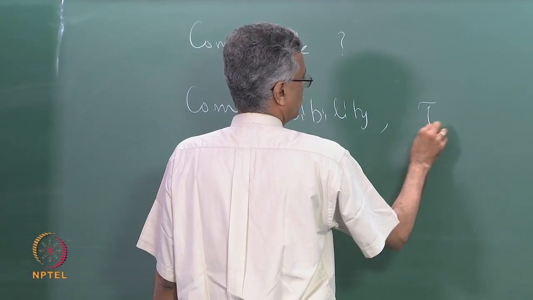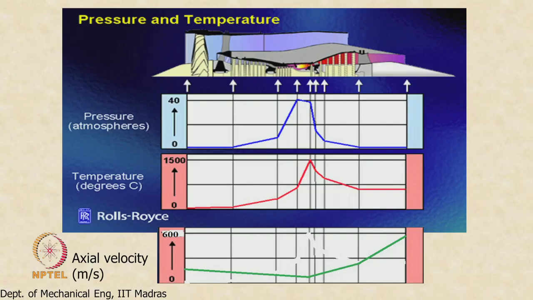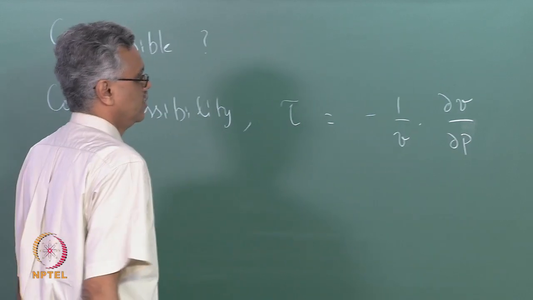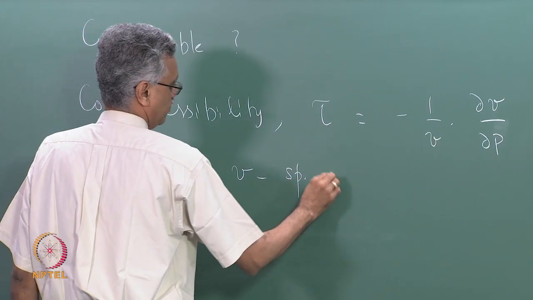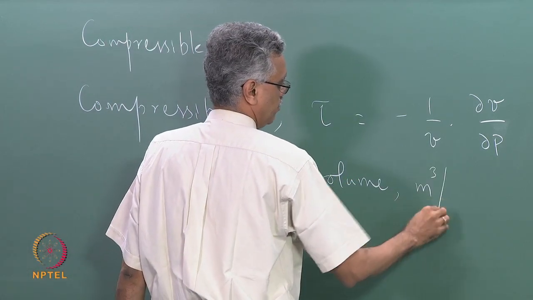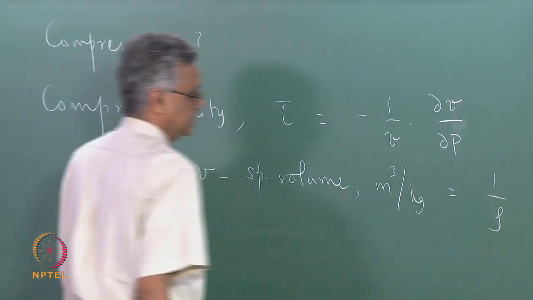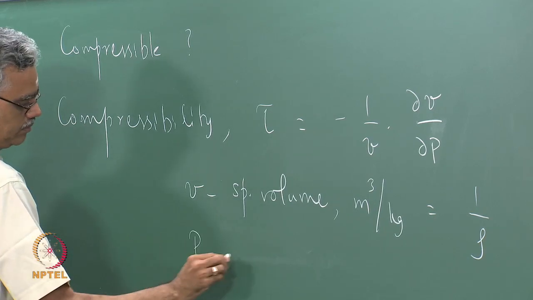Compressibility is usually given a symbol tau, and it is written as minus 1 over V times partial V over partial P. Here V is the specific volume, right, in meter cube per kilogram, and it is equal to the reciprocal of the density rho, and P is the pressure.